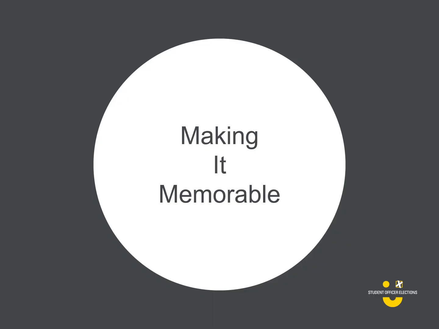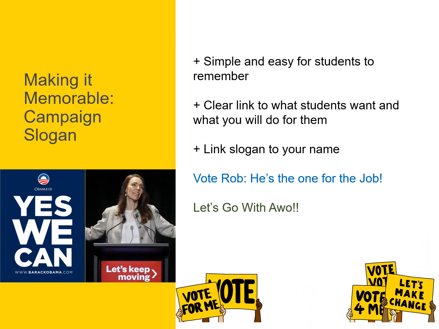Once you've mapped out the basics, it's now time to start getting creative with your campaign. Many students decide that they want to have a slogan that students can remember them by. Think about slogans used by political parties and political figures, such as Obama's 2008 "Yes We Can."